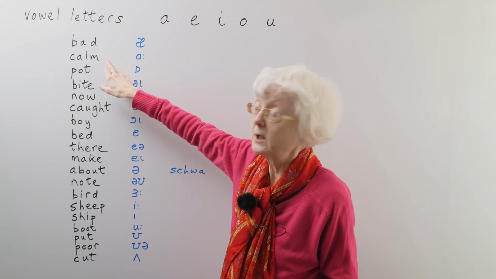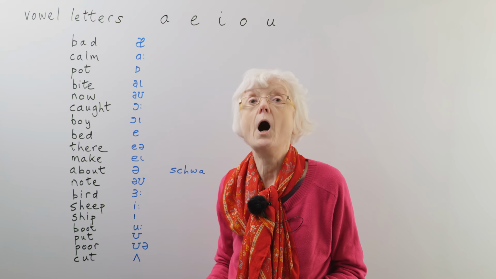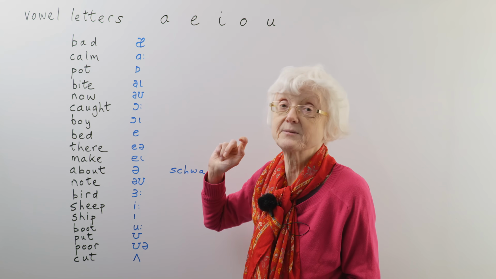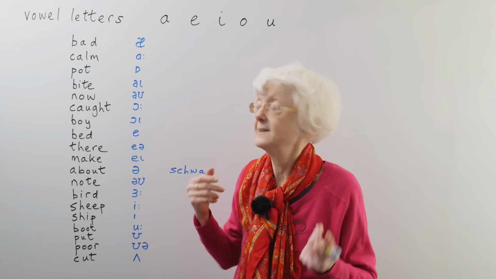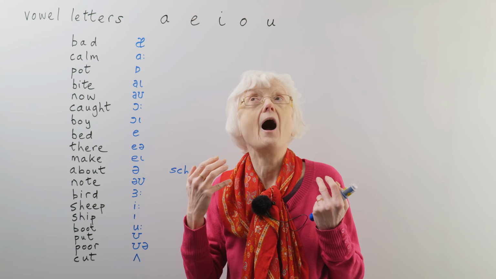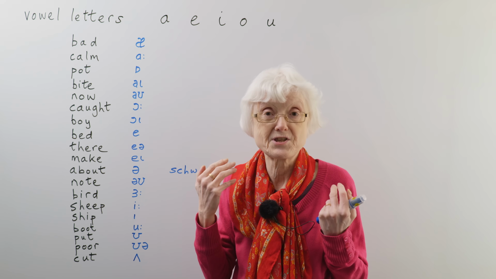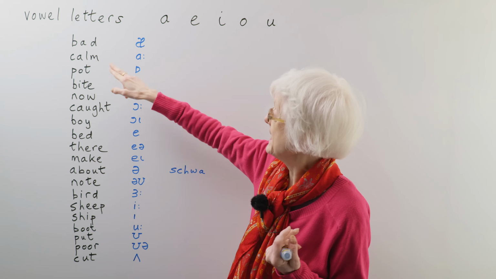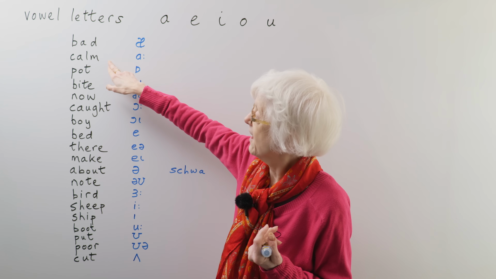Then we have this word calm. So ar is another vowel sound. Ar. It's a big open ar, like when you go to the dentist and say ar, or the doctors, and they want to see down your throat. Ar. Okay?